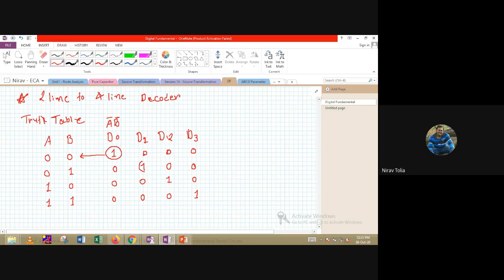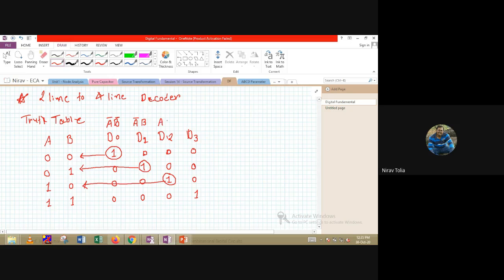Then the output of D1 is one only a single time, and at that moment its input is A0 B1. So 0 means bar, and 1 means as it is. So A bar B. Again, D2 is activated only one time, and at that moment the input is A1 B0.